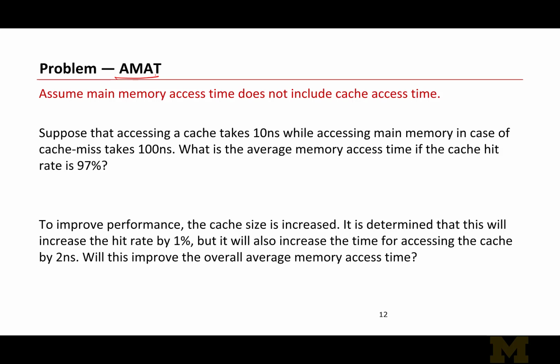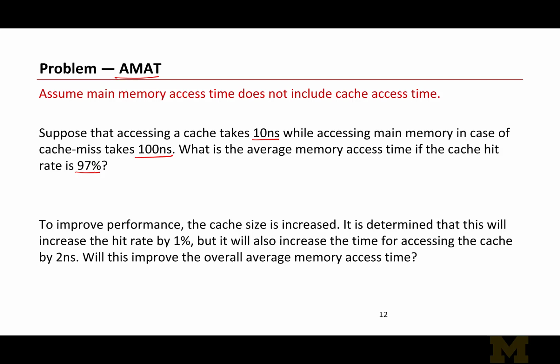Here is an example where I have a cache that takes 10 nanoseconds per access, which is fairly high. Typically it's only a nanosecond if it's an L1 cache. The cache miss takes about 100 nanoseconds, which means the time it takes to go to the main memory is 100 nanoseconds. The question asks you to compute the AMAT if the cache hit rate is 97%.